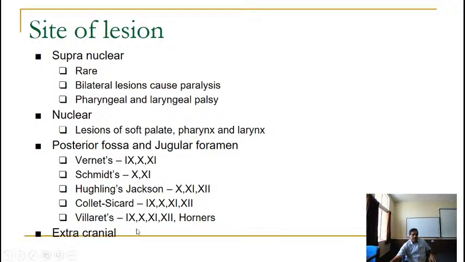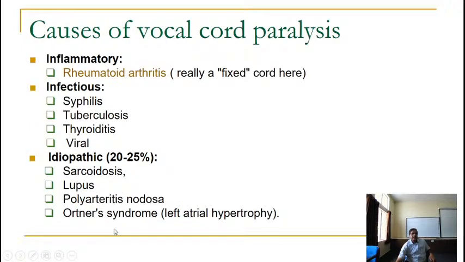So that is the extracranial part of the vagus nerve.